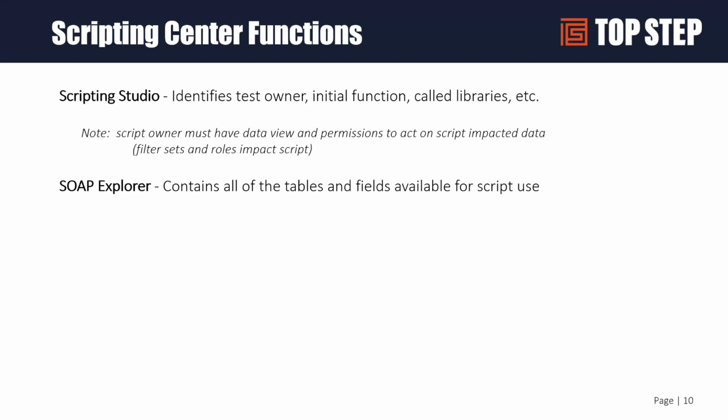There are at least 2 or 3 tables that reference a project ID that have that same field name spelled differently, where they have put project underscore ID. Using this SOAP Explorer is going to help you identify what the exact spelling of that field is for that exact table.